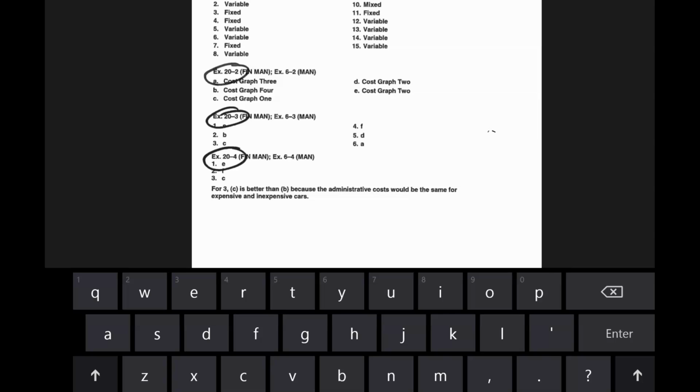Number 4, letter F, how many are living on campus? 5, employee wages for maintaining student records. Letter D, number of enrolled and alumni. So it's all of them. And number 6, admission salaries. Letter A, the number of enrollment applications.